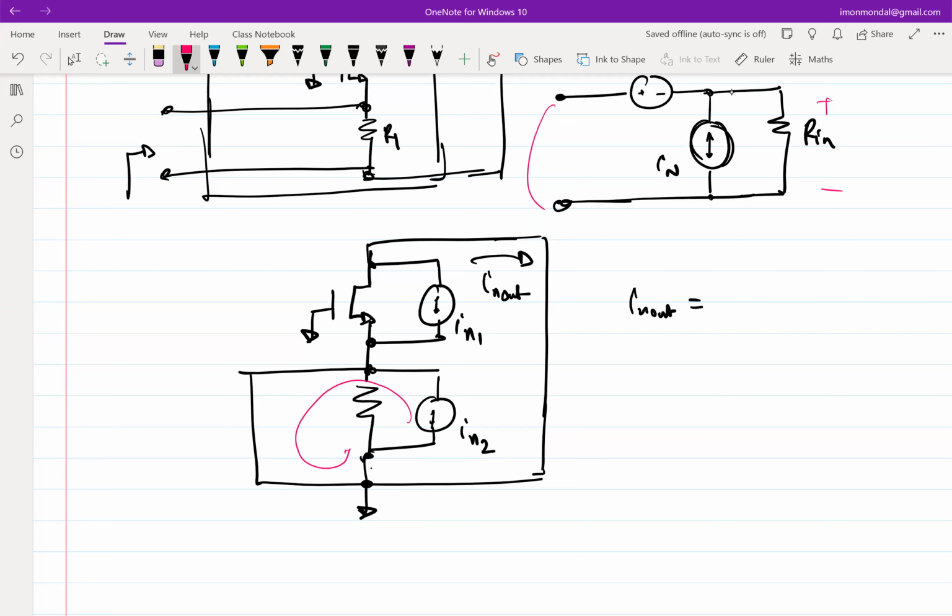So what will be the IN1 contribution to the output? Obviously you could replace with a small signal model, but I assume now you are comfortable with small signal models and can do it without replacing. So how do I go about figuring it out?